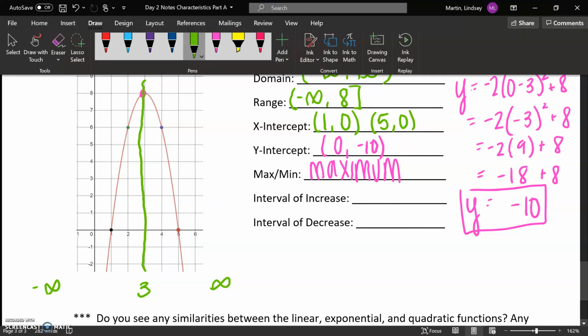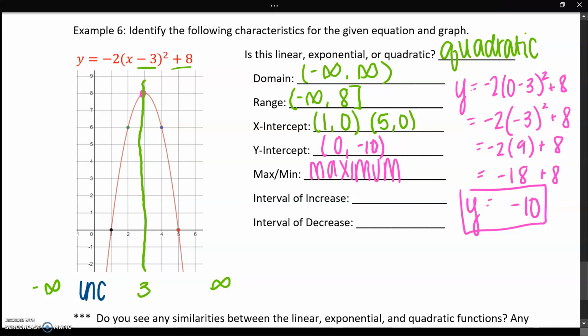On the left side of my graph, from -infinity to 3, we see that my graph is going up. So that's an increase. From 3 to infinity, we'll follow my graph and see that it's going down, which is a decrease. So now I have my interval of increase from -infinity to 3, and my interval of decrease from 3 to infinity.